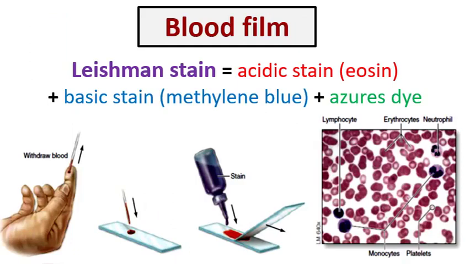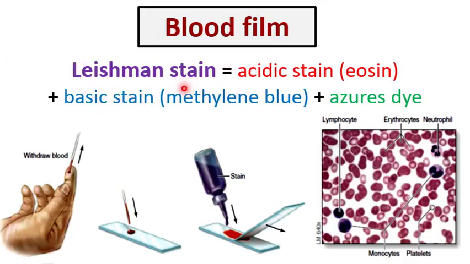Blood film. What is the meaning of blood film? Blood film is the method by which I put the blood on a microscopic slide to be examined under the microscope. The staining method of the blood is different. The staining method is called Leishman stain.